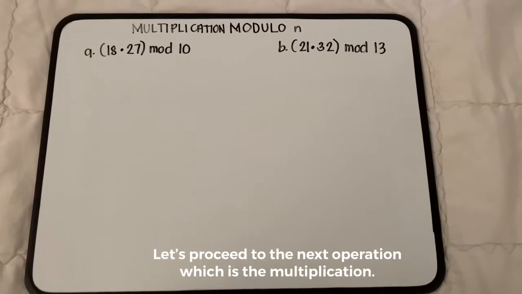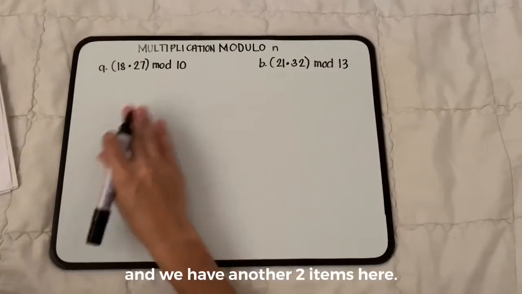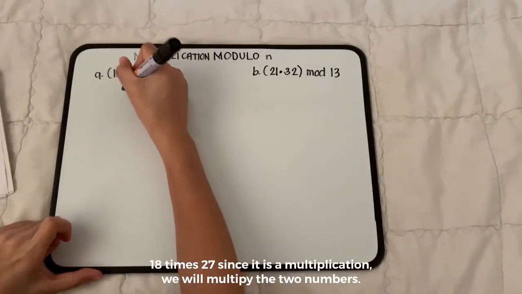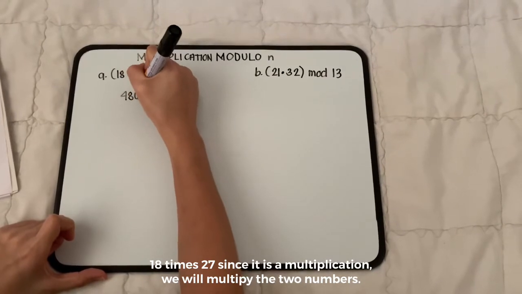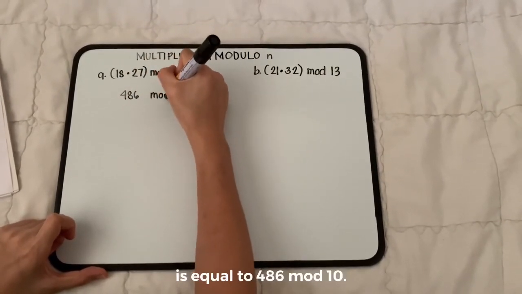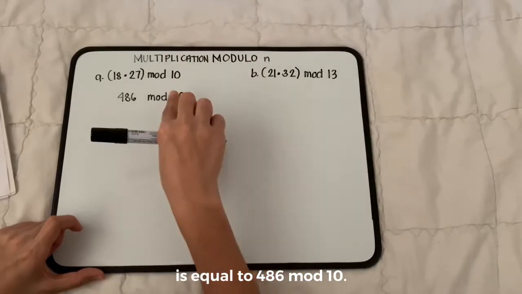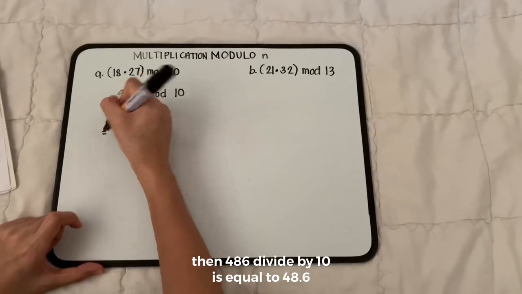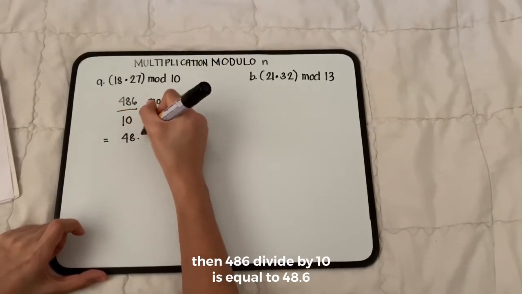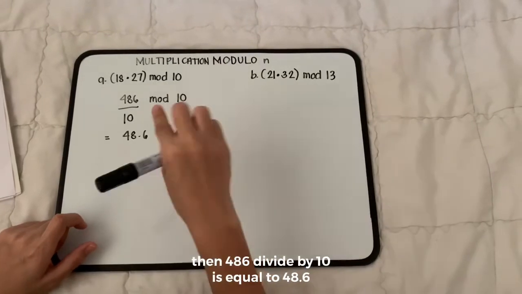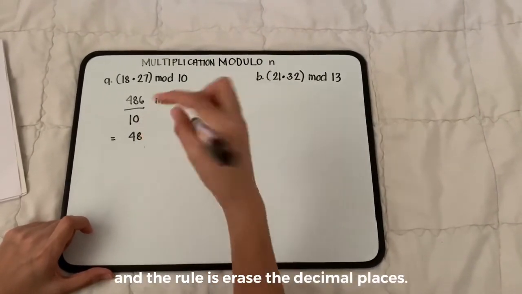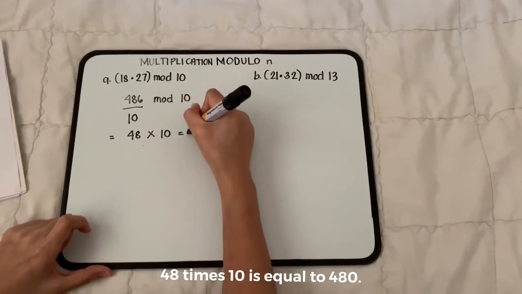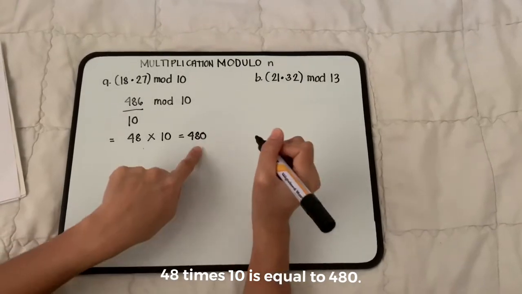Let's proceed to the next operation, which is the multiplication, and we have another two items here. Let's start. So 18 times 27, since it is a multiplication, we will multiply the two numbers, is equal to 486 mod 10, and then 486 divided by 10 is equal to 48.6, and the rule is erase the decimal places, and then 48 times 10 is equal to 480.